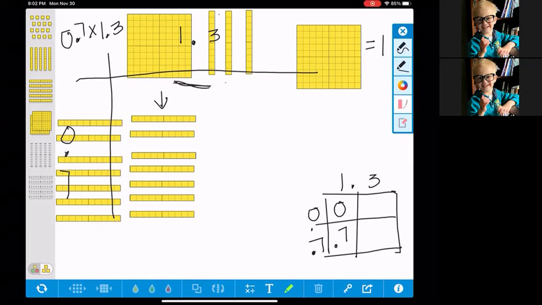So that's a really important connection to see that 2 times 7/10 would be, how many rods would it be here? Oops. Sorry, that erased this line. How many rods would it be?